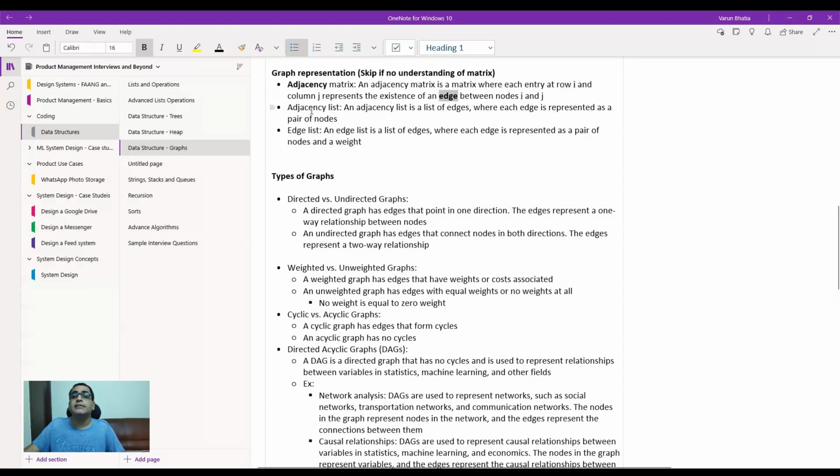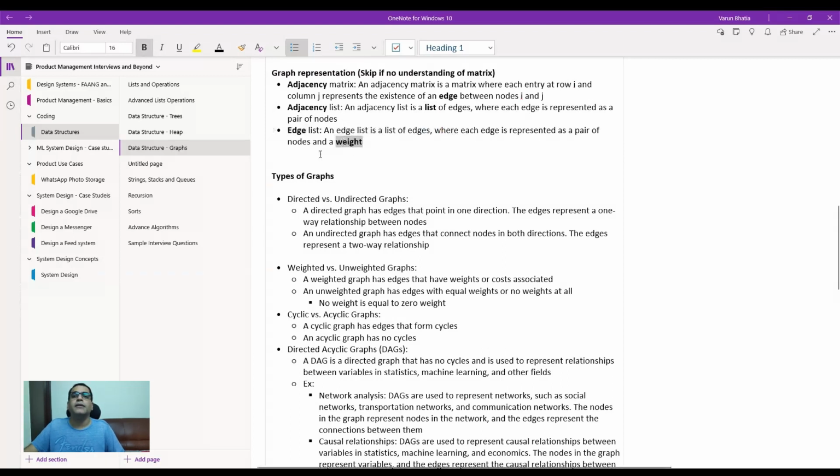Adjacency lists: basically, you can also create a list of edges. So remember, we have talked about the list as a data structure where you can use each edge as a pair of nodes, and then there is this edge list, right? An edge list is a list of edges where each edge is represented as a pair of nodes and a weight, right? So remember, we talked about the weight.